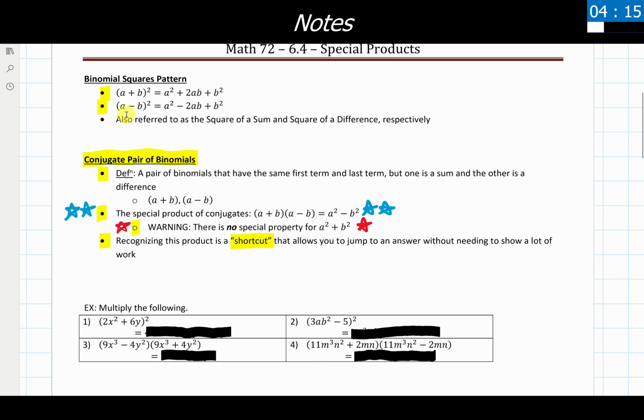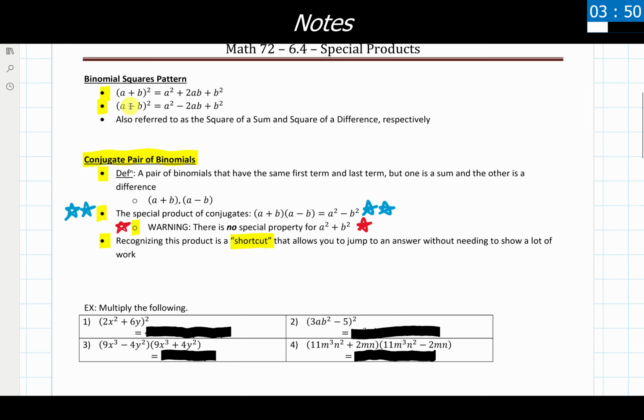And then similarly, we have a minus b all raised to the second power, and we get a very similar outcome of a squared minus 2ab plus b squared. These two things that we have here are referred to as the square of a sum, when I have things adding together, and the square of a difference if I have things that are subtracting together.